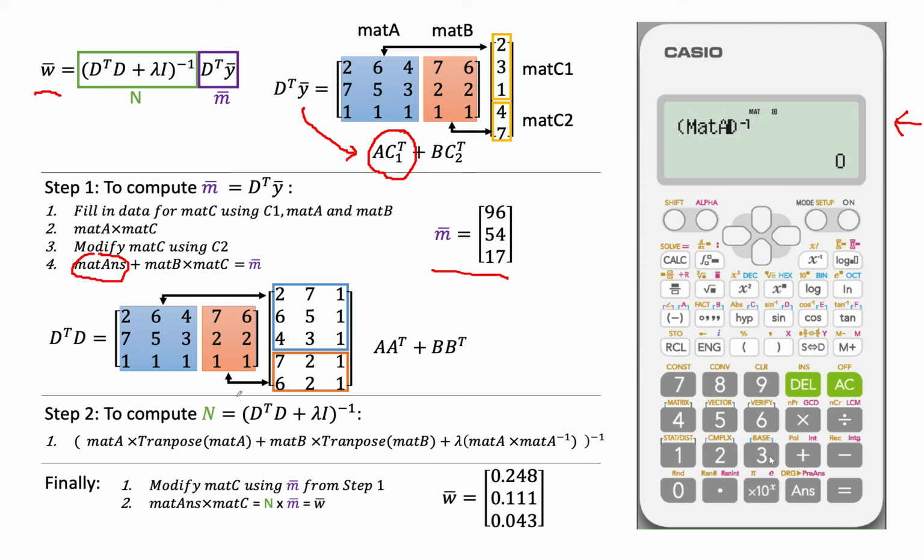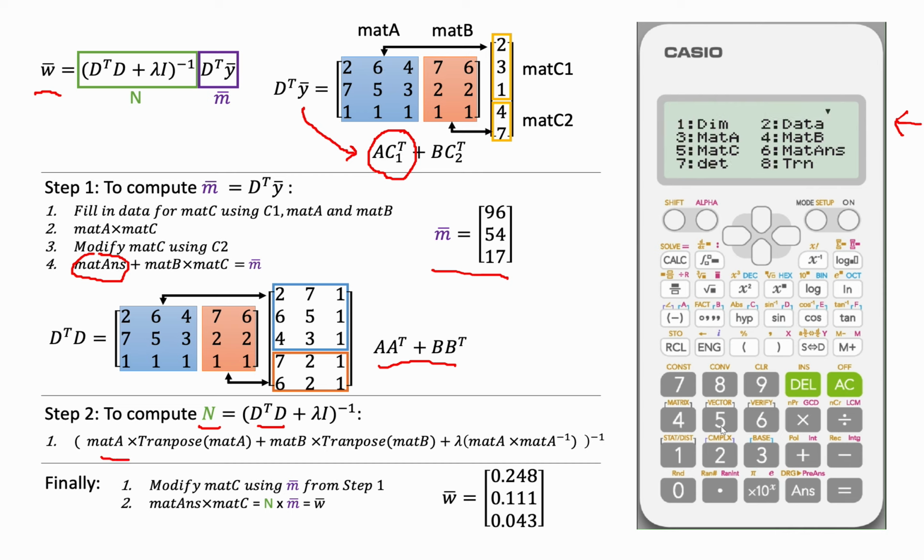After that we will proceed to compute N, which is defined to be the inverse of D transpose D plus lambda I. To compute D transpose D, we will be able to use the same ideas of the outer products view of matrix multiplication, with the A and B matrices that we have defined earlier.